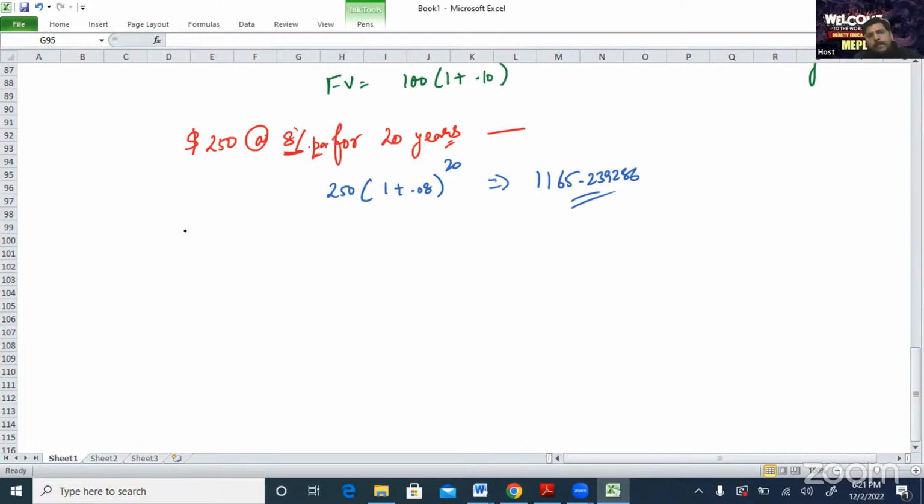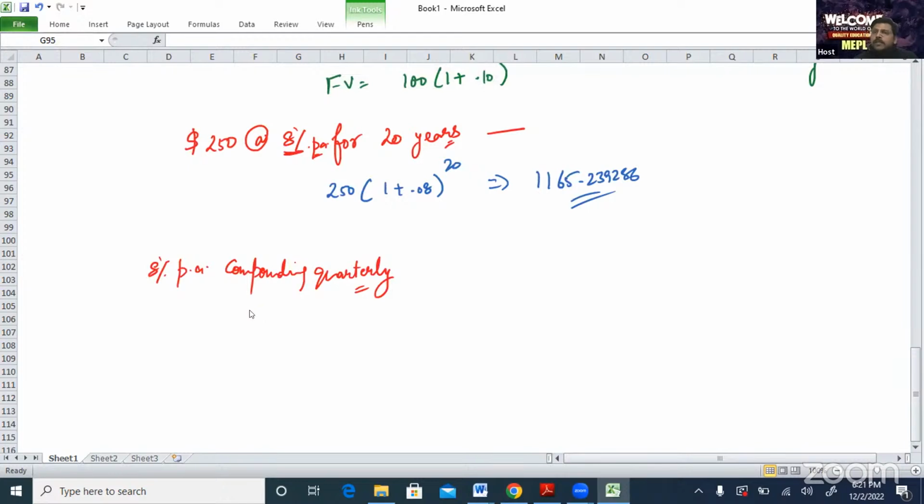But for example, if I talk about the fixed deposits in India, so what is generally written? Let us say this kind of thing is written, that return is 8% per annum compounding quarterly. So in the case of fixed deposits in India, my return is compounded quarterly.